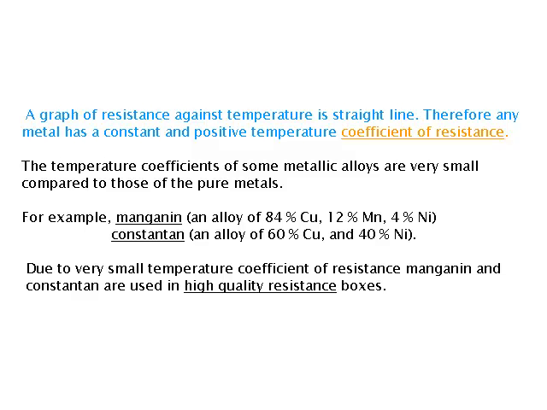For example, manganin, an alloy of 84% copper, 12% manganese, 4% nickel, and constantan, an alloy of 60% copper and 40% nickel. Due to very small temperature coefficient of resistance, manganin and constantan are used in high quality resistance boxes.